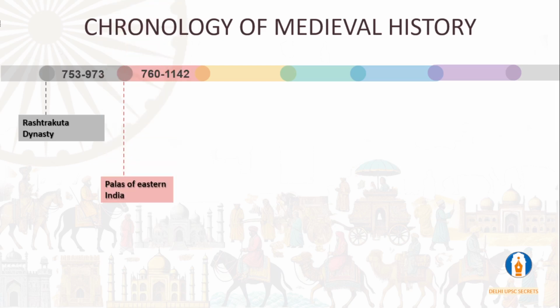The Rashtrakuta dynasty ruled around 753 to 973 AD. Next to the Rashtrakutas, we have the Palas of Eastern India, as I've already shown you on the map. Then we have Vikramshila University, which was founded by the greatest Pala ruler Dharmapala in the same period.